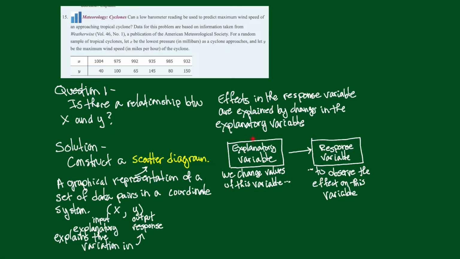Here's our x, here's our y, an ordered pair, x on the left, y on the right. We make changes in this variable to observe the effect on this variable over here. So this variable responds to changes in this variable. The values of this variable explain the effect or changes in this variable.